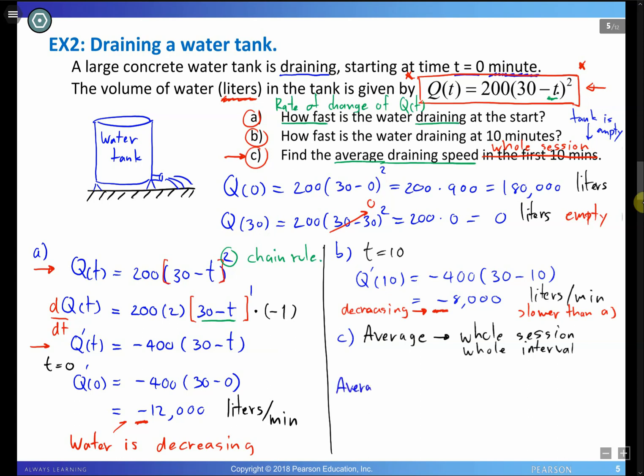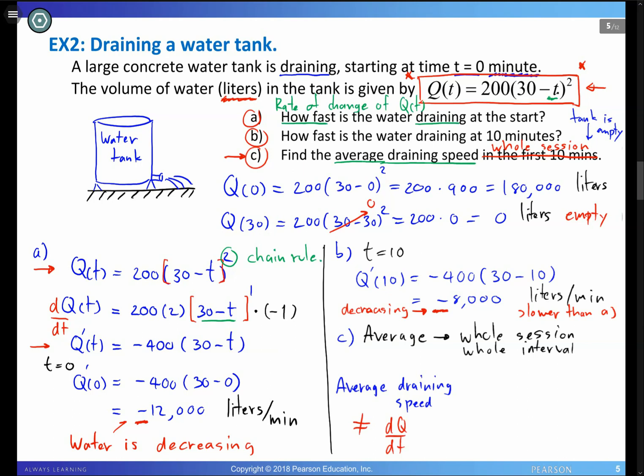So let's find the average draining speed. For this, it's not going to be equal to dq by dt, because dq by dt is the speed at a particular point, but average is the whole session.